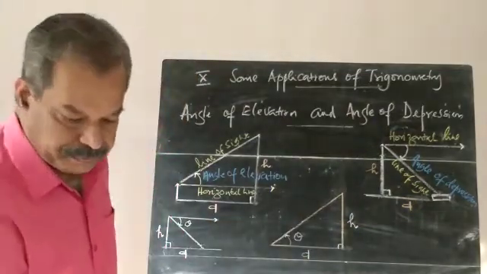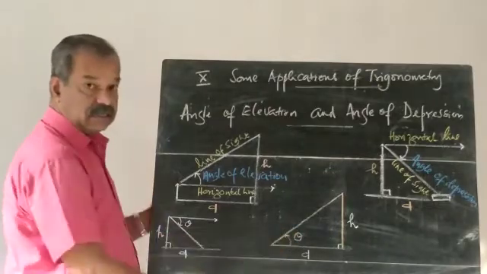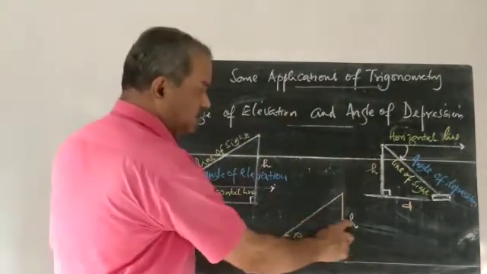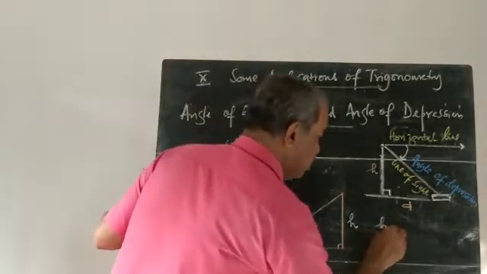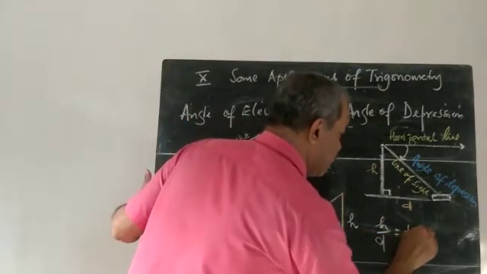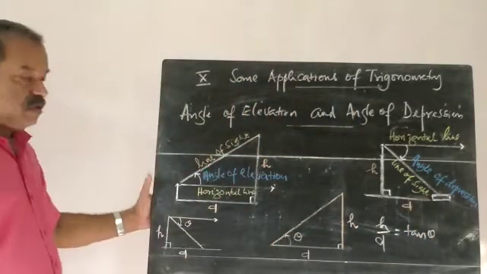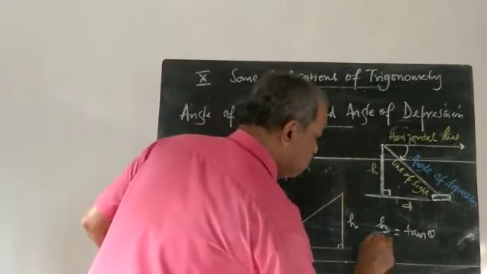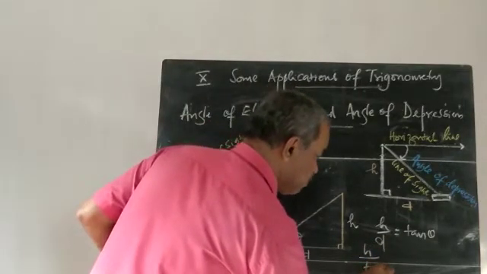For example, suppose the angle of elevation is theta. Then H is known. How will you find D? We can write H by D equal to tan theta, opposite side by adjacent side. So if H is known, D equals H by tan theta.